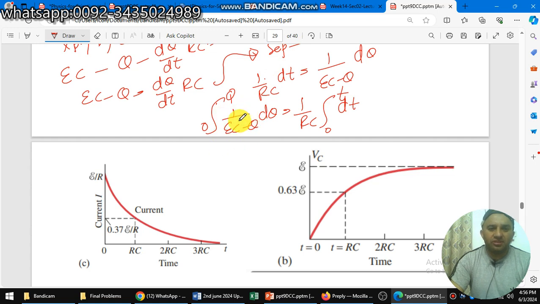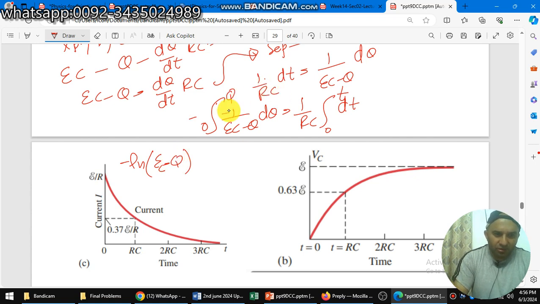On the left side, this is simply a logarithm function. We can write log of EC minus Q, and because the derivative of EC minus Q is minus 1, we write minus 1 in the numerator and denominator, so that this minus 1 is used by the logarithm.